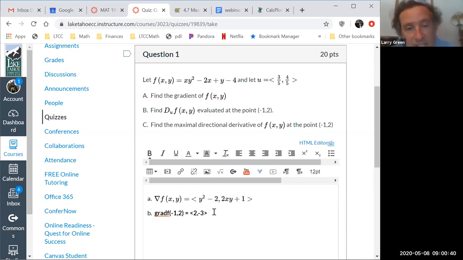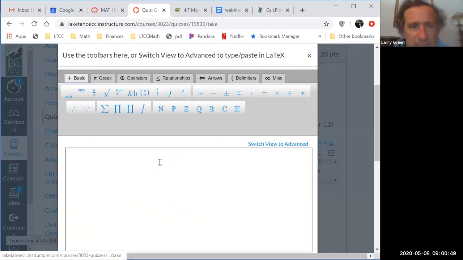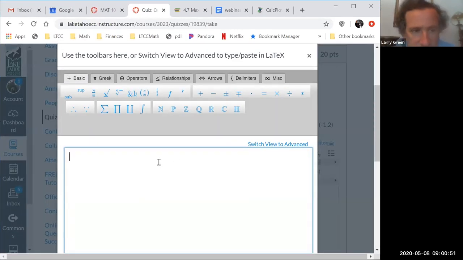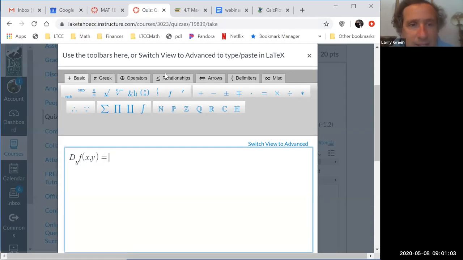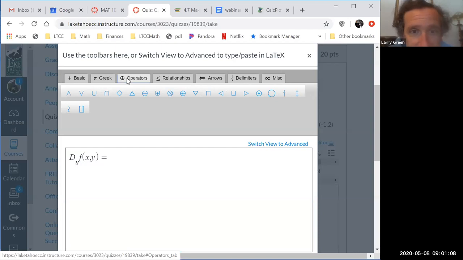So now it's very easy. We just find du of f of xy. And since I've got lots of symbols, I think I'm going to go into the editor. So d sub u of f of x comma y is equal to, well, the formula was, and you said there's one in operations. I see the triangle. I don't see an upside down triangle. Oh, there it is. Yeah, there is one. What do you know?